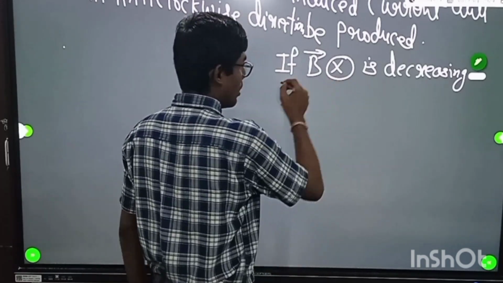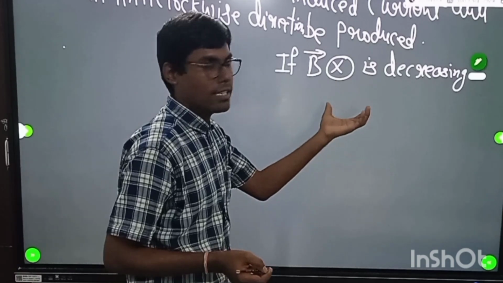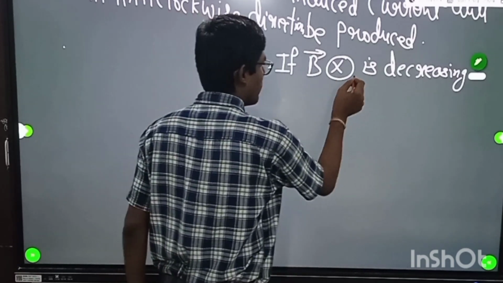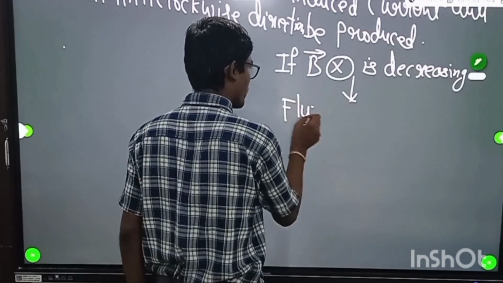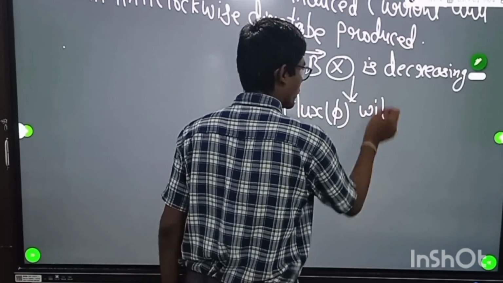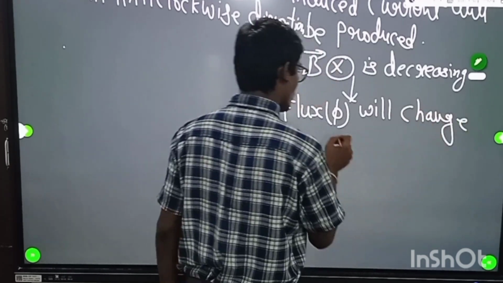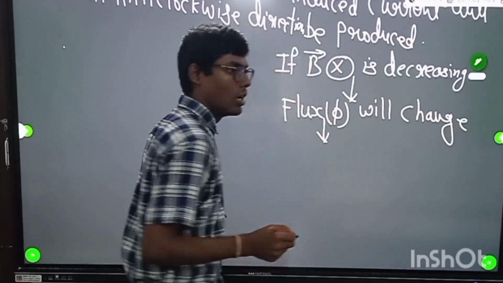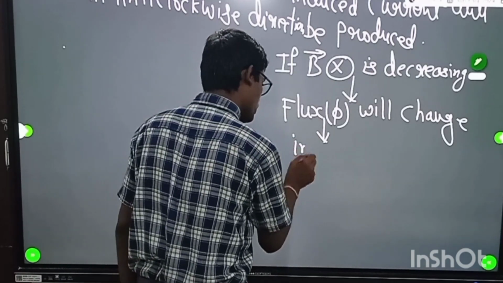Flux can be changed either by increasing or decreasing the magnetic field. So the flux will change. Again, due to the change in flux, according to Faraday's law of electromagnetic induction, induced EMF will be produced.